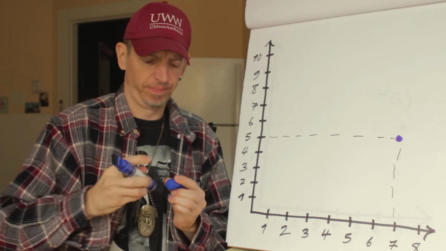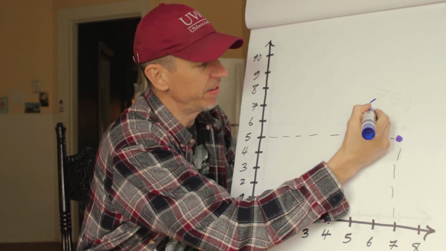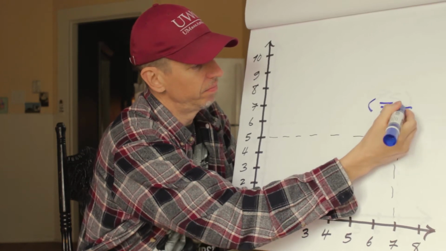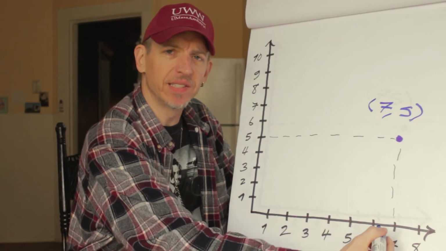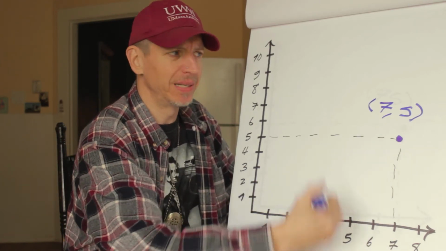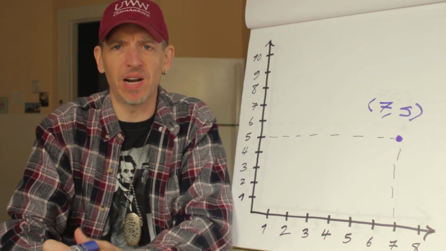In other words, the point on the graph is known as 7, 5. Why? Because it's 7 spaces over, 5 spaces up. 7, 5. That's the coordinate pair for this point on the graph.